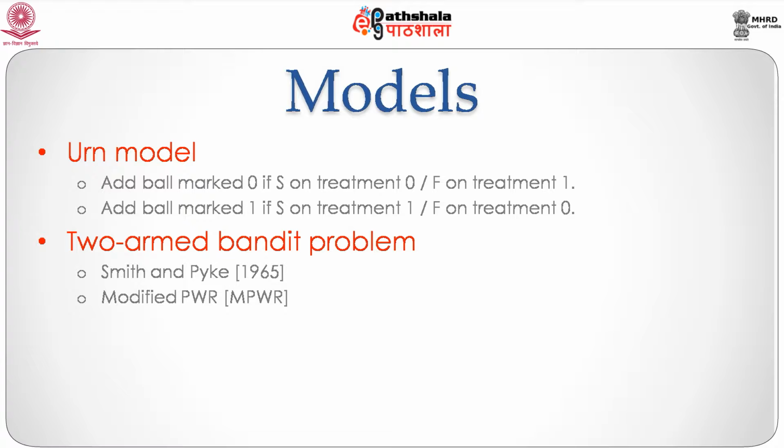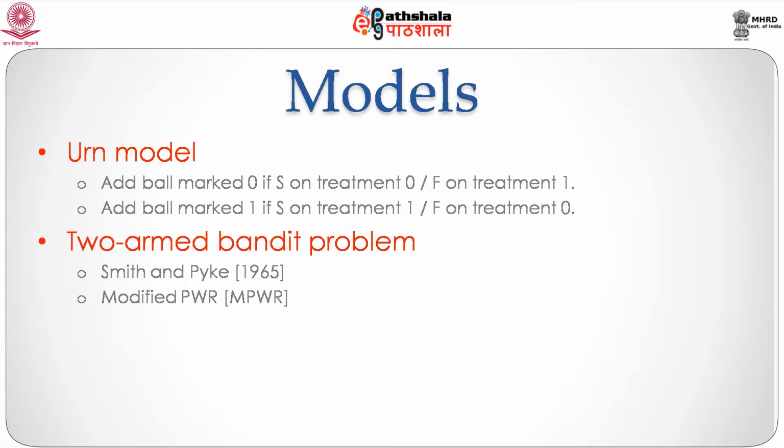Such a strategy is given by assuming that if the n-1th trial results in a payoff, that is a success, the nth trial will be made on the same arm. If the n-1st trial results in no payoff, that is a failure, the nth trial will be made with the other arm.